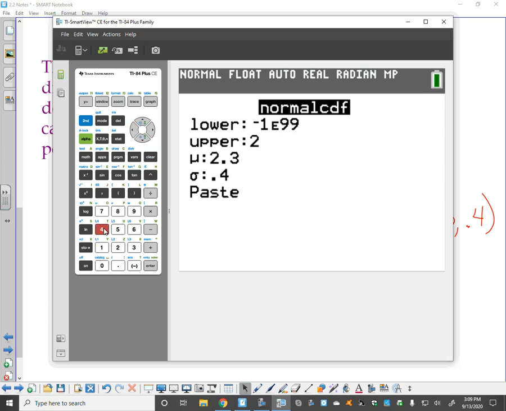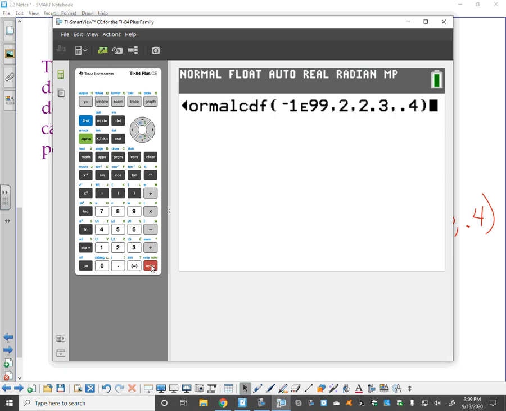There we go. Check it, make sure I'm good. Negative infinity, 2, 2.3, and a 0.4. So I'm going to go to paste, hit enter, and I get 22.663%.